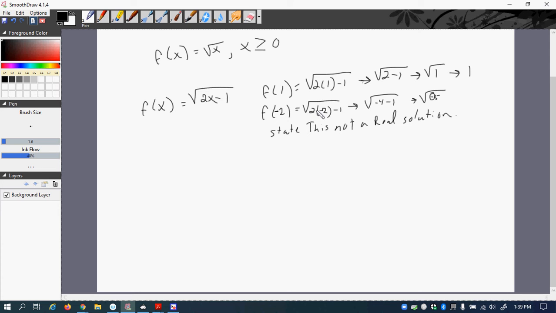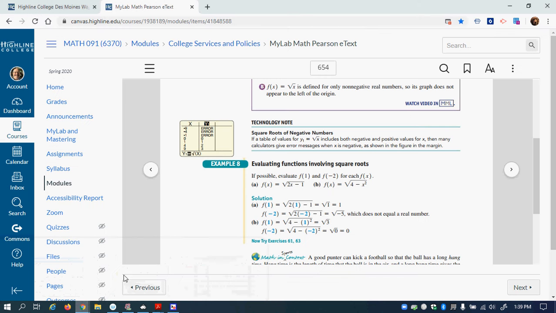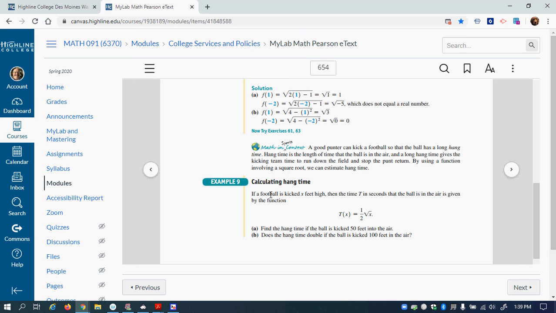So if we were to look at a typical word problem, let's go back to the book, and we'll go to this one. It says calculating hang time. If a football is kicked x feet high, then the time t in seconds that the ball is in the air is given by this function.